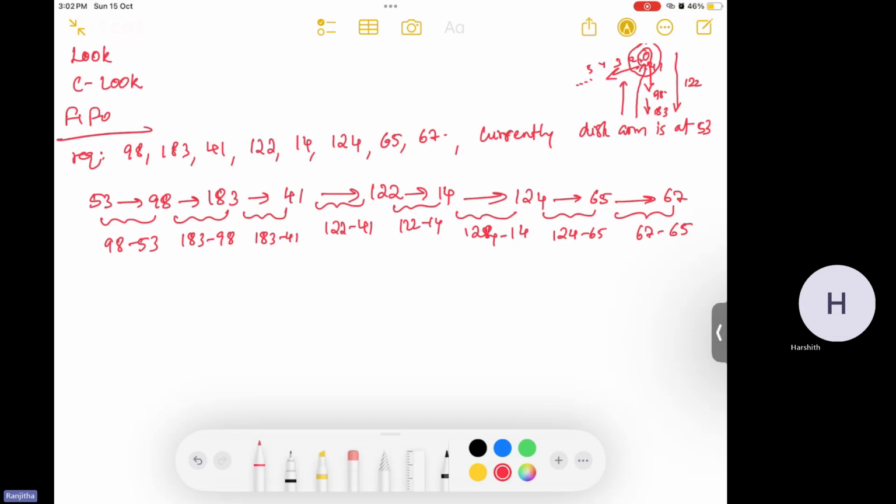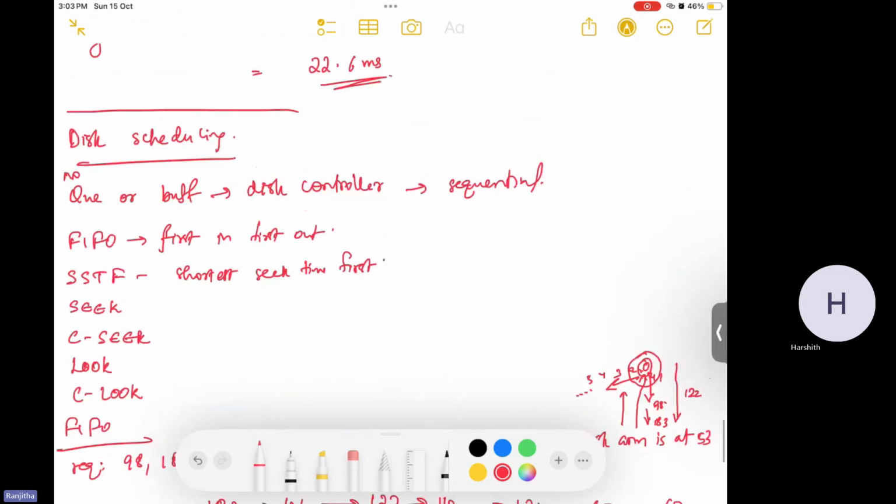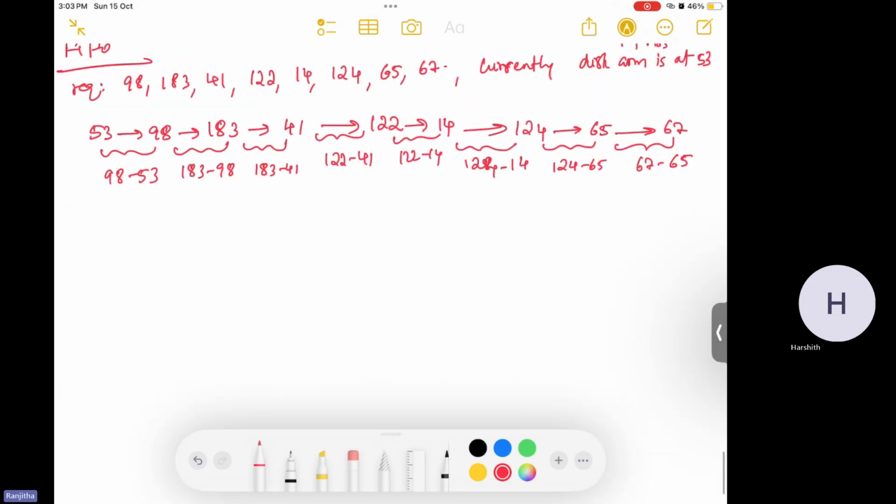So if you see it as a horizontal line, for example, we have the disk arm like this, and it moves this way and that way. For traversing the tracks, we can put this in a line, from 0 to maybe 200.